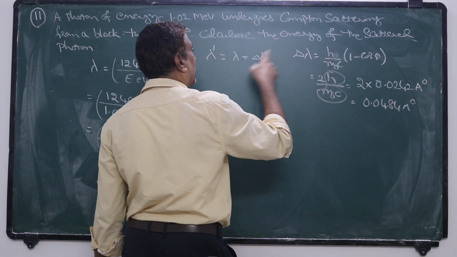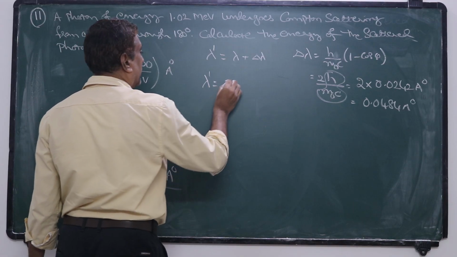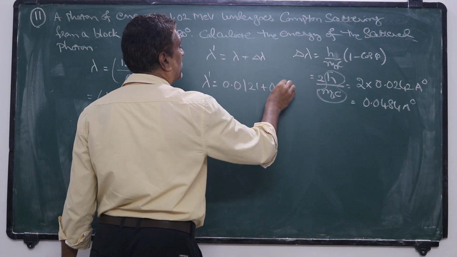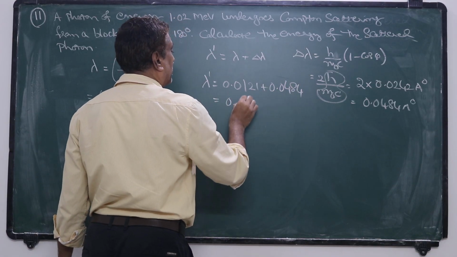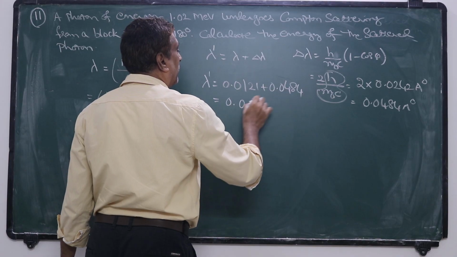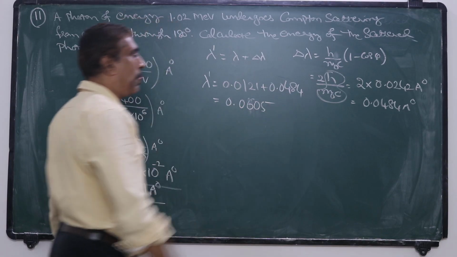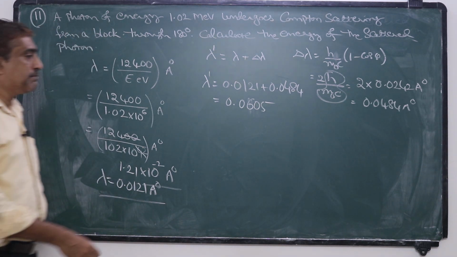Now adding this to lambda, lambda dash is 0.0121 plus 0.0484, that is 0.0605 Armstrong.